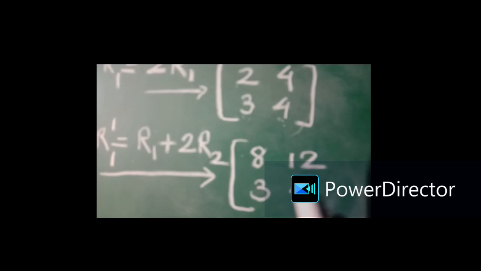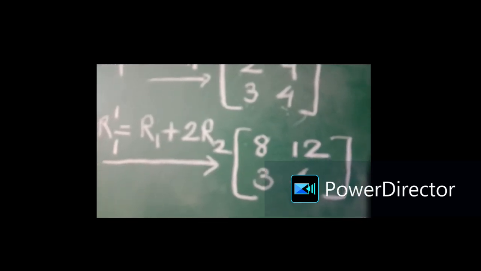So R1 is changing. So 6 plus 2, 8. And over here we are going to multiply 4 by 2. So this is 8 plus 4 and that gives me 12. And the second row remains as it is.